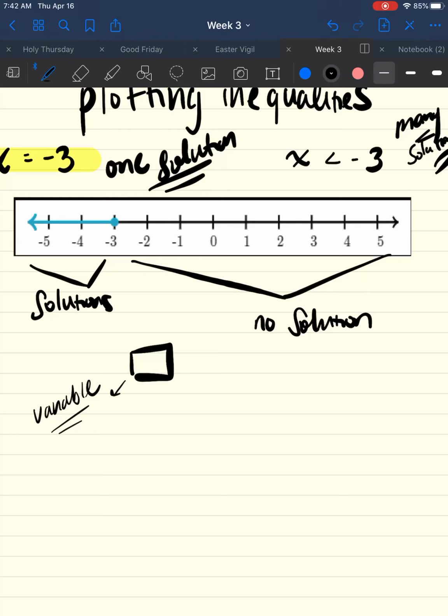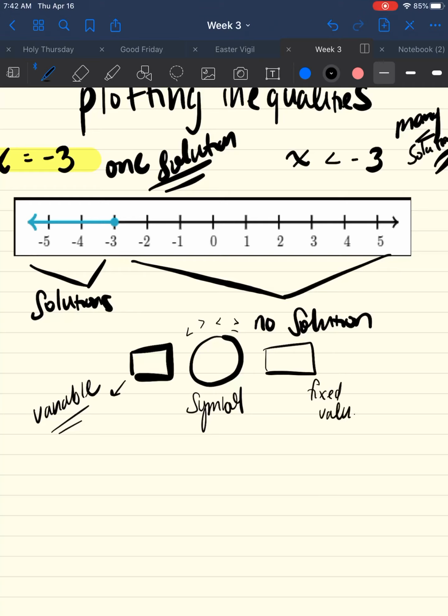In this case, you're going to need your symbol, and your symbol is either your less than, greater than, less than or equal to, greater than or equal to, and then in this other section, we're going to put our fixed value. In other words, where is the number line starting from?